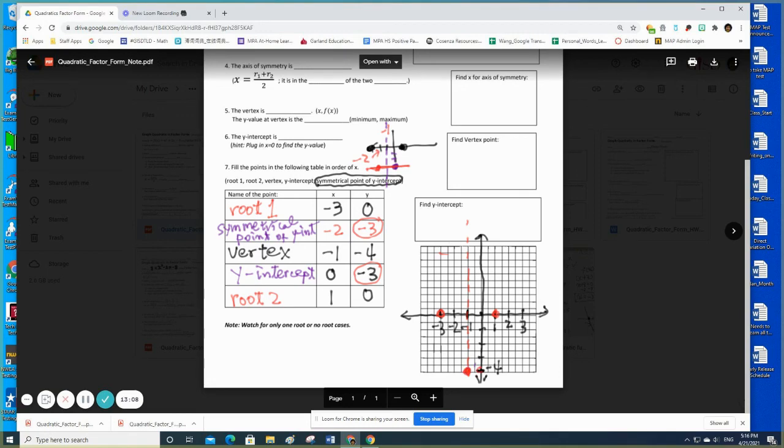And the y-intercept is at 0, negative 3, and the image is here. This is the image of the y-intercept. Now we have all these 5 important points. We can draw it now. This is how the function looks like. Function curve.